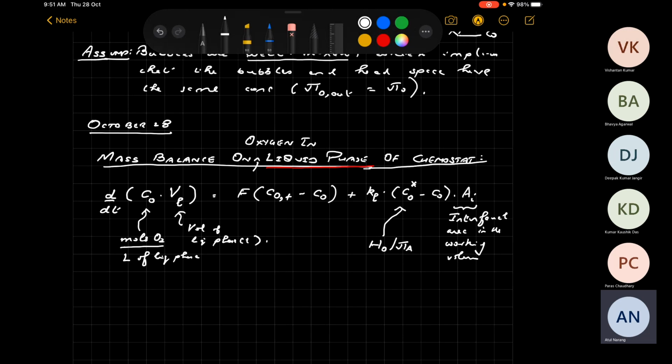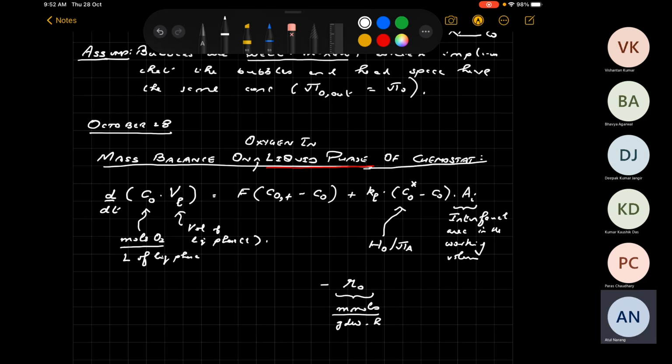The most obvious way in which oxygen is being consumed is the rate at which the cells are consuming oxygen, which is RO. This is the specific oxygen uptake rate, which has units of millimoles per hour per gram dry weight.